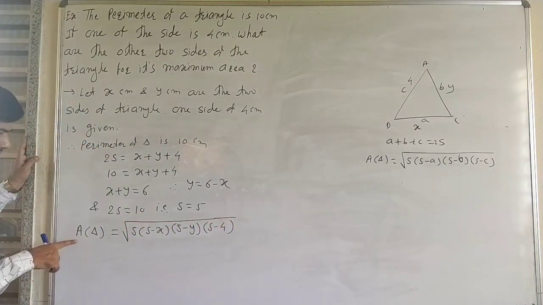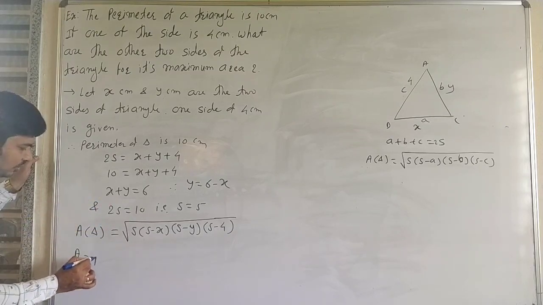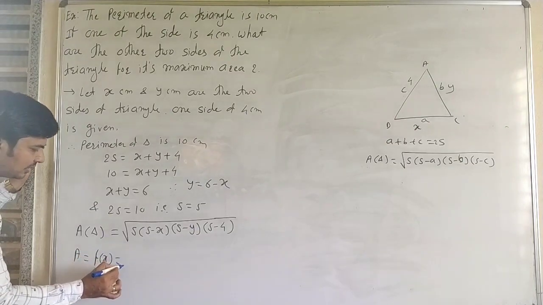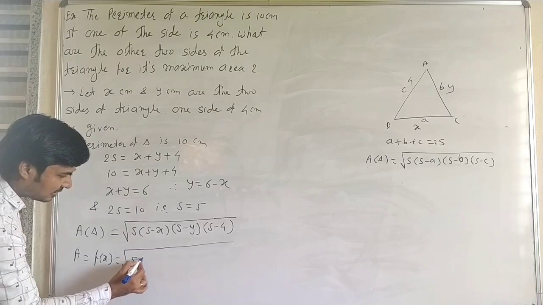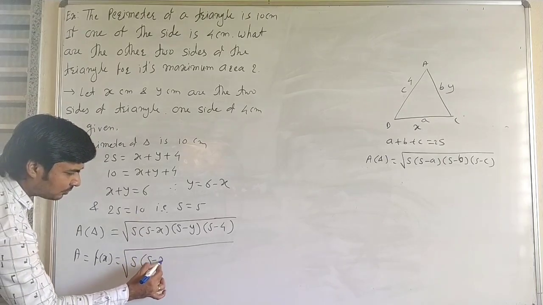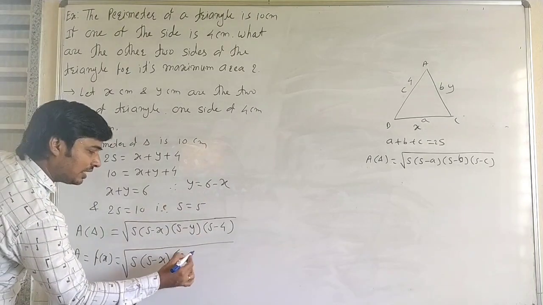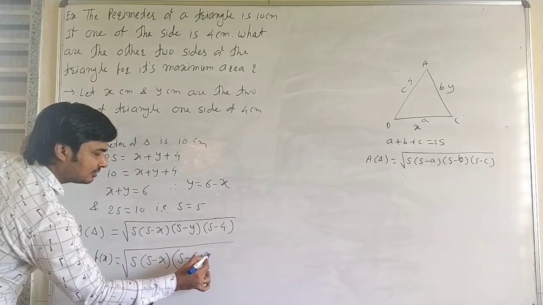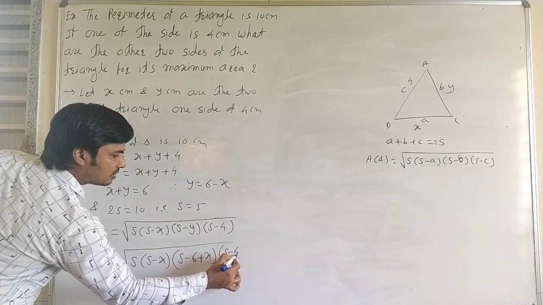Now area of the triangle converted in terms of f of x, therefore area is equal to f of x, then it is under root of s into s minus x into s minus 6 minus x, that is 6 plus x, and into s minus 4.